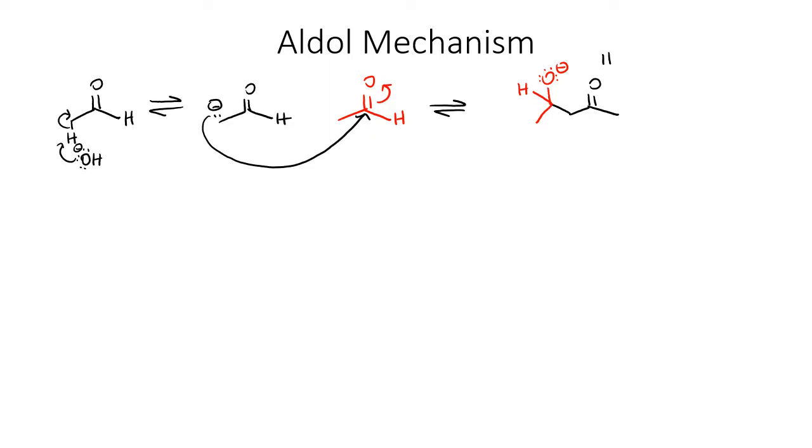Now we formed water at the very beginning when the initial hydroxide took the alpha proton. So from here, we can go ahead and protonate this oxygen and create our alcohol functional group.